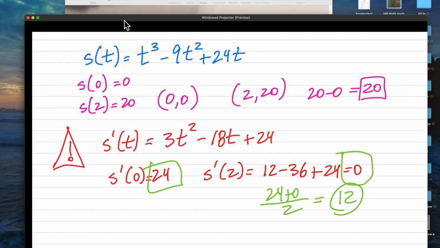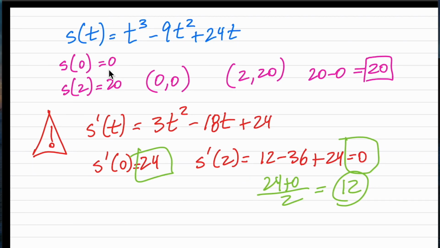The right way to do this is to create a secant line between these 2 points on the displacement graph. All right, so here we go. We're going to have a displacement graph here with 2 points. We're going to have 0, 0, and then we're going to have 2, 20. We don't know what this graph looks like. It does something like this. We don't know. But we do know that these are 2 points.